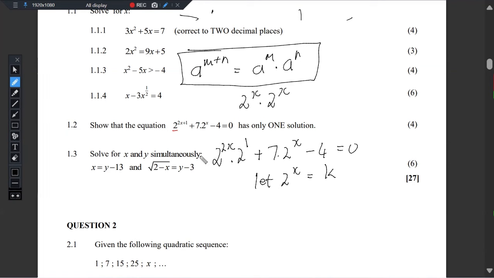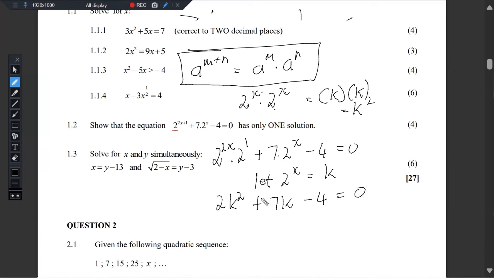Then that means if I have to replace this, since this is the same as 2 to the exponent of x and 2 to the exponent of x, it would be the same as saying k multiplied by k, which is k squared. I hope I'm making sense. Then this is k squared, then multiplied by 2, so it's 2k squared. Then plus 7k, then minus 4 is equal to 0.